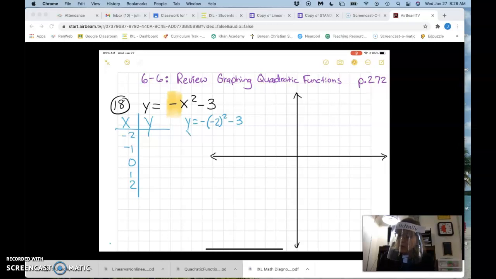Okay? So y equals negative because of this negative stays, but negative 2 squared is positive 4. So it gets a little tricky with all those signs on this one. And negative 4 minus 3 is going to be a negative 7.